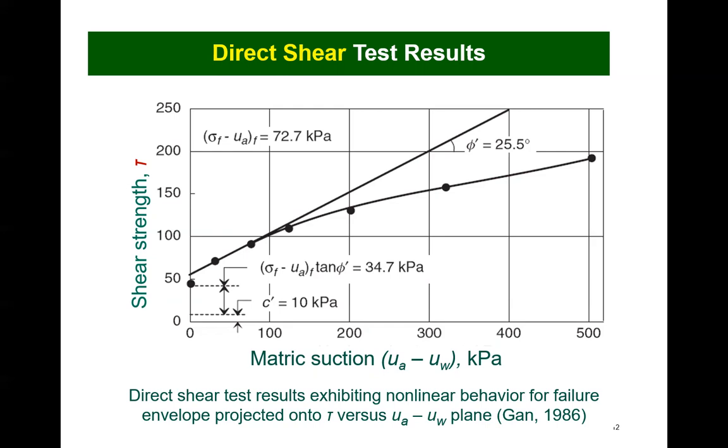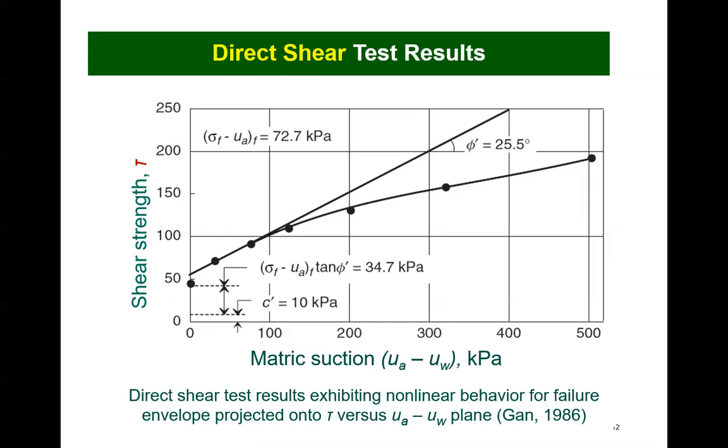Deviation from the behavior of a saturated soil commences near the air entry value of the soil, causing the slope to reduce from a value of 25 degrees to about half that value for matrix suctions around 500 kilopascals.